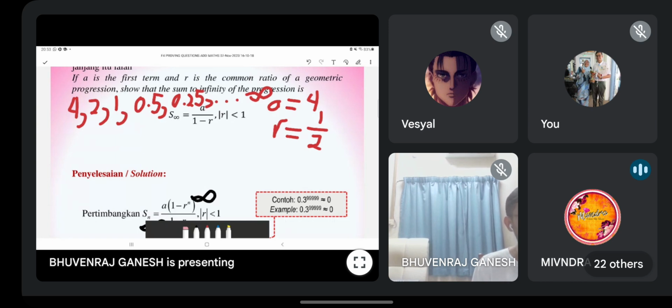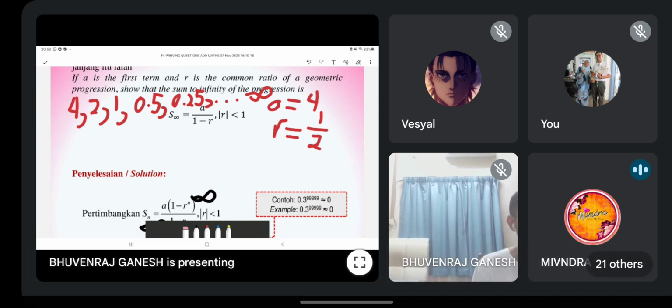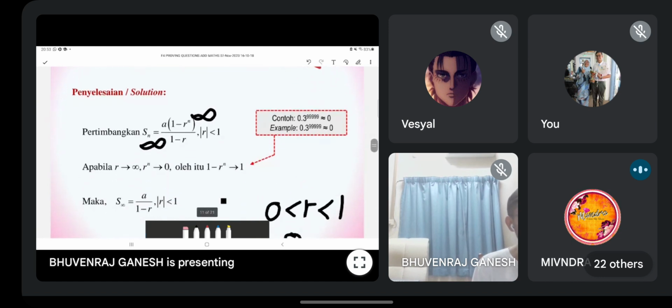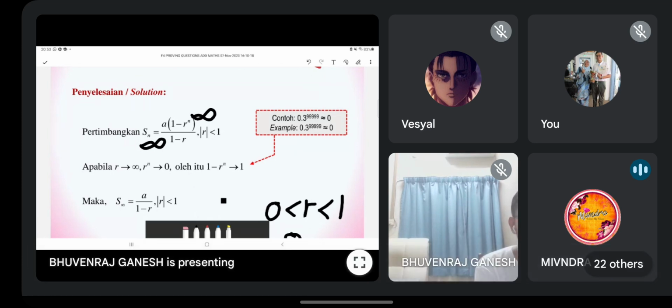And if you guna 2 kuasa 999 dapat math error. So kalau math error, yang tu lah yang dalam kurungan tu dia bagi modulus r kurang daripada 1. Kalau guna lebih daripada 1 akan math error. So kurang daripada 1 and janji r tu positif.